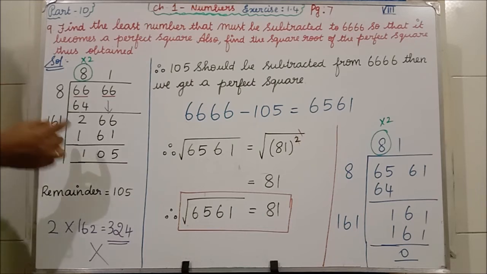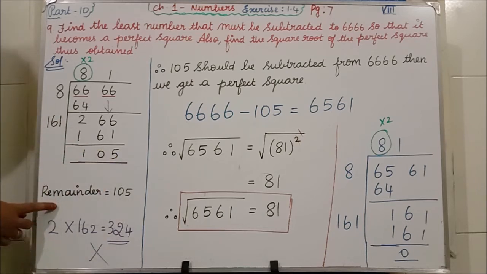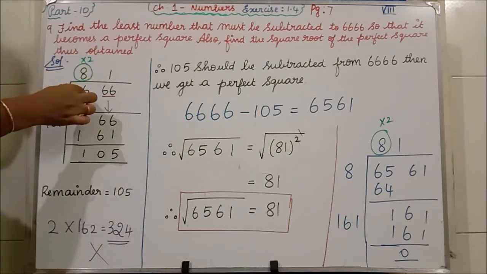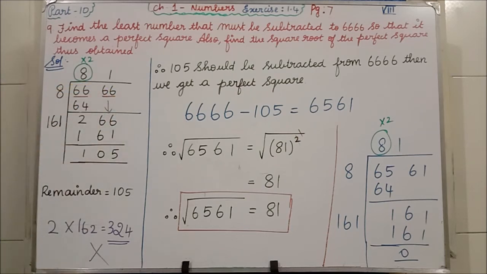Clear? Now what is the remainder we have got? Remainder is equal to 105. So if you subtract this 105 from 6666, we will get one number, and that number is the perfect square number. Clear?